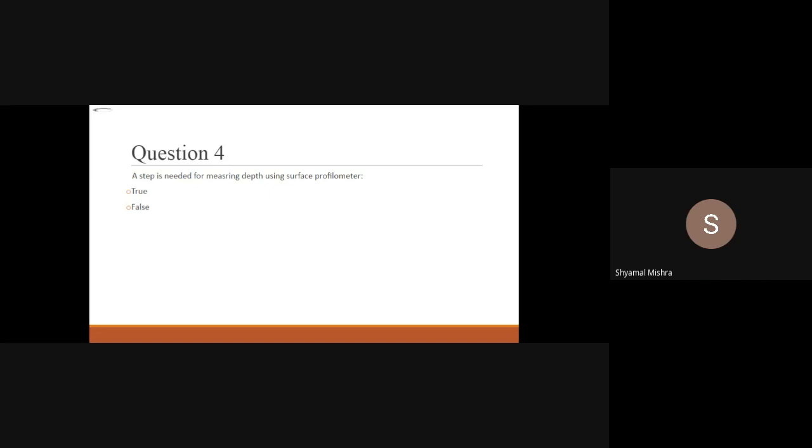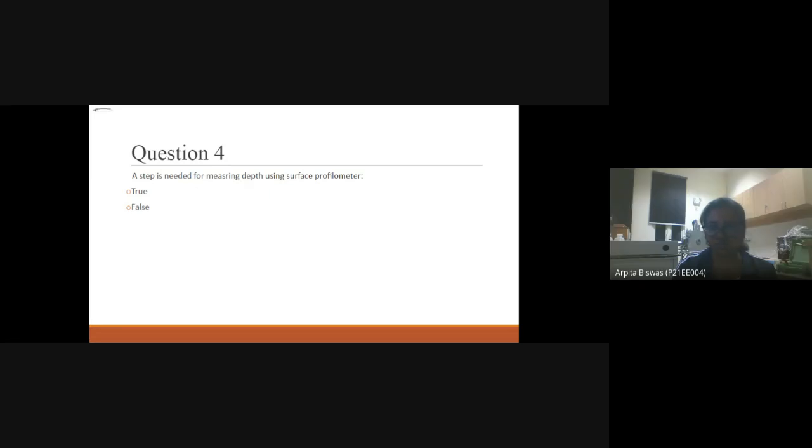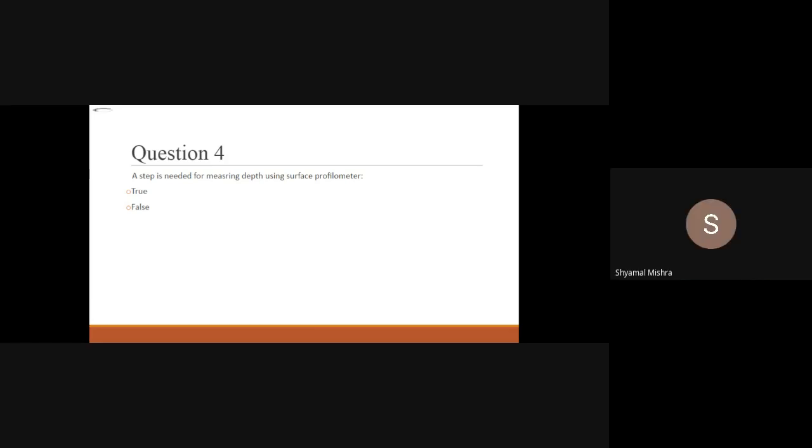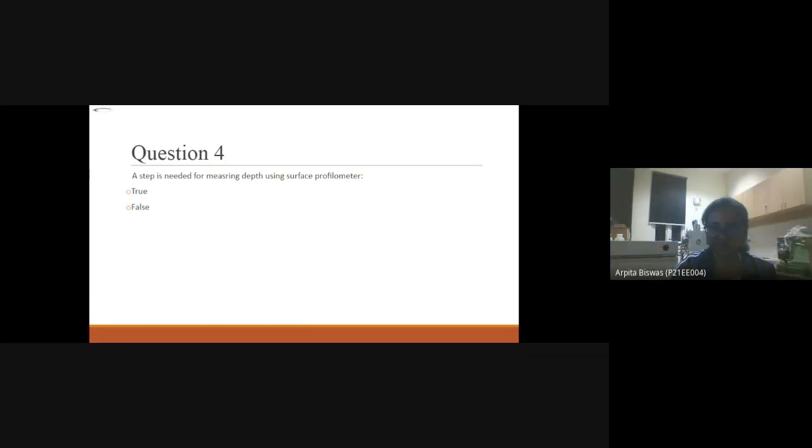So when we go for the surface profilometer, it measures the height difference between where the material is deposited and where only the substrate is present, so it can measure the height, right? So that's why the step is required when we go for measuring the depth using the surface profilometer. Yes, ma'am, the right option is true.